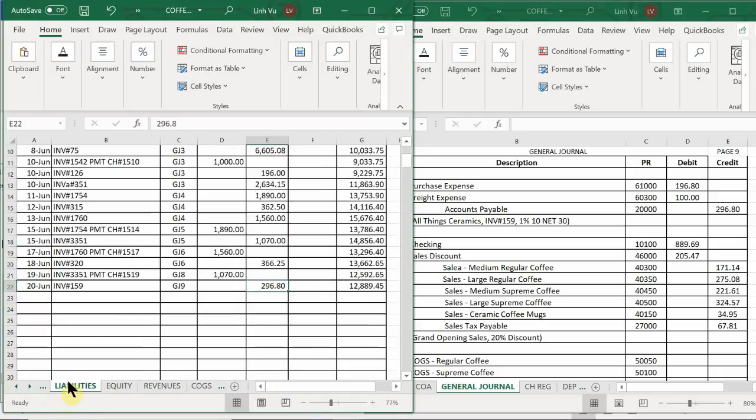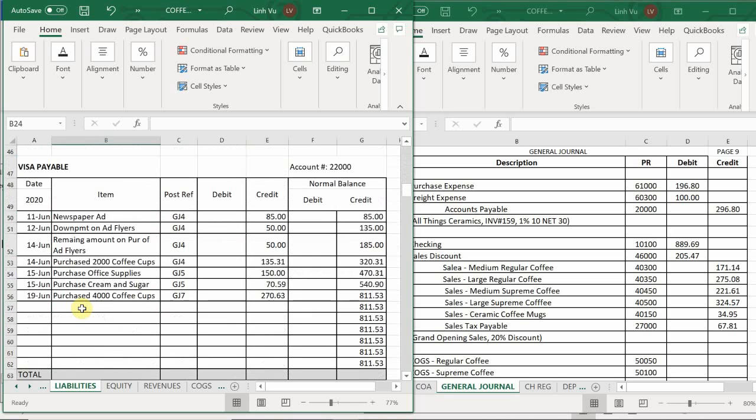And liabilities then, correct, for the sales tax? Yep, we have to collect sales tax. Good.